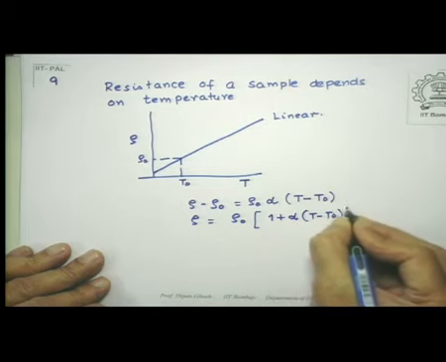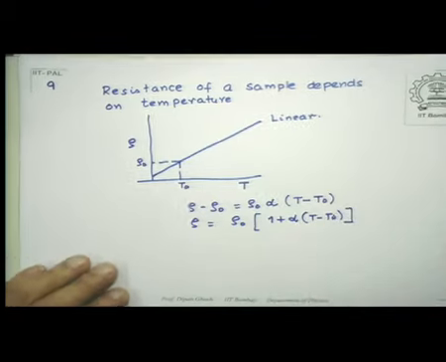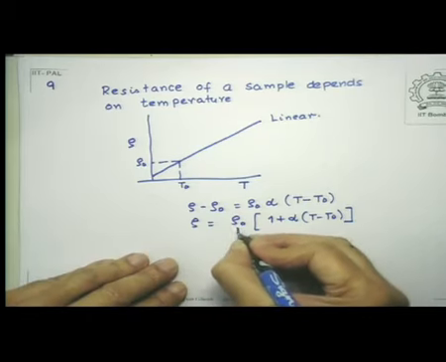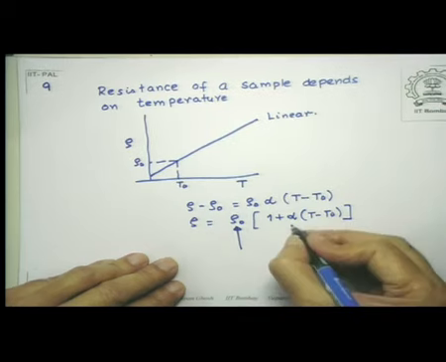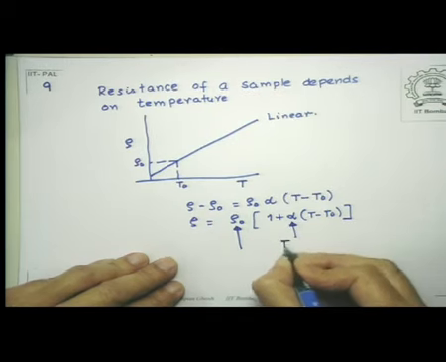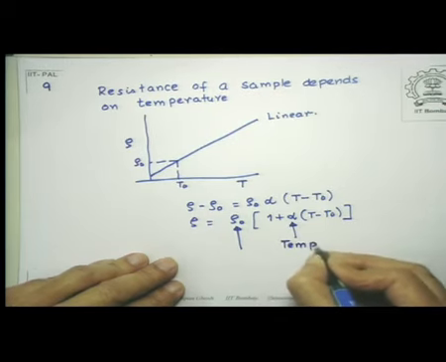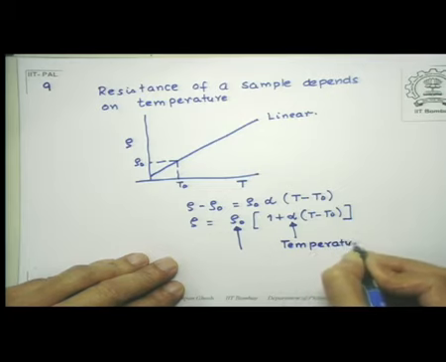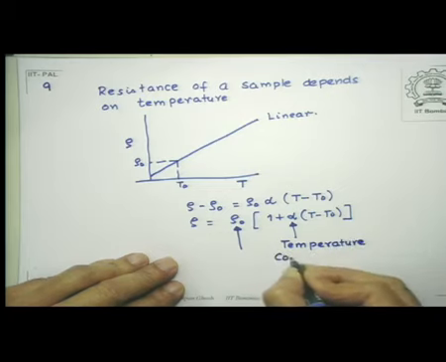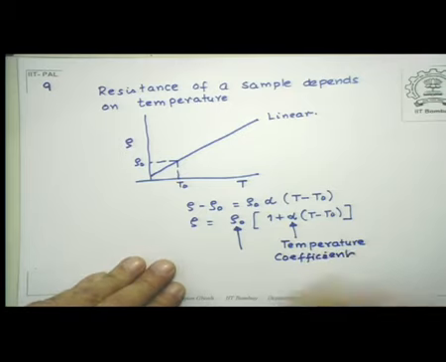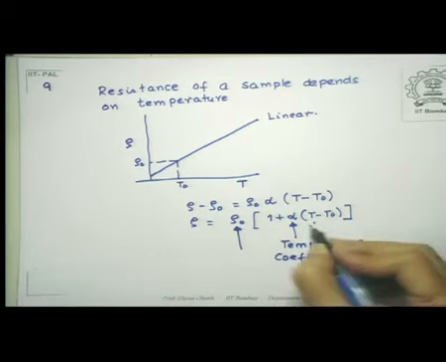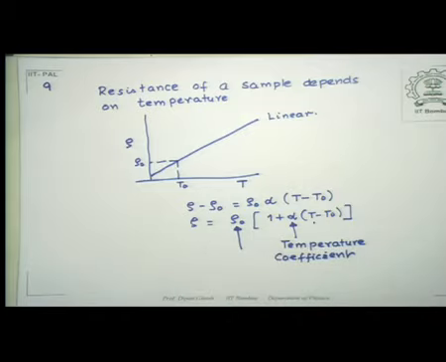So look at this relationship. This is your resistivity at some reference temperature T0. Alpha is called the temperature coefficient of resistivity. And of course, T is the temperature at which you want to find out the resistivity.